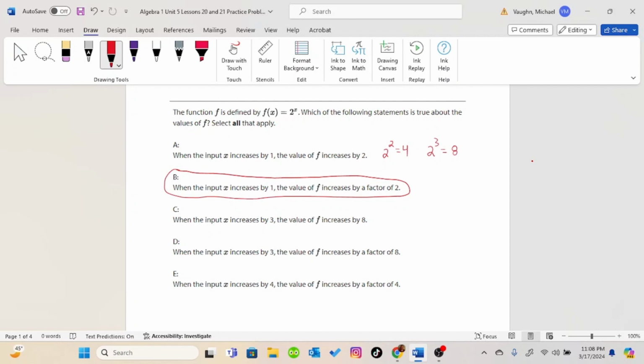We can test that. 2 squared equals 4. But 2 to the power of 5 equals 32. We did not increase by 8, we increased by a factor of 8. So D is the correct choice.